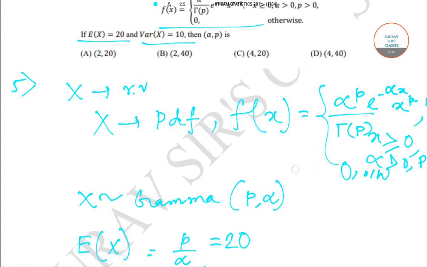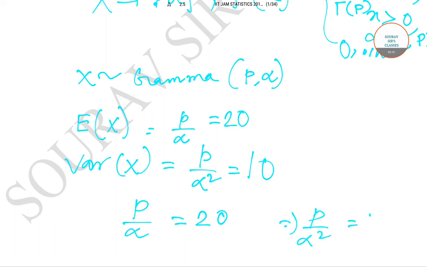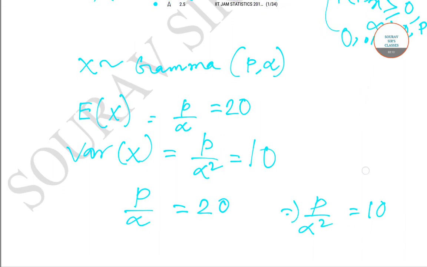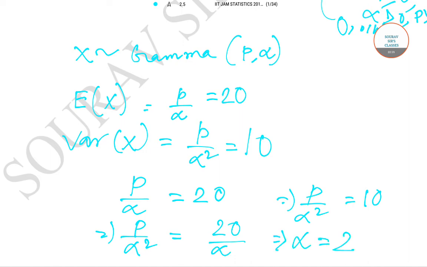So we can simply put that p by alpha square is equal to 10. So now we can say p by alpha is equal to 20 and p by alpha square is equal to 10. So from this we can conclude that p by alpha square is equal to 20 by alpha, and this gives us alpha is equal to 2.